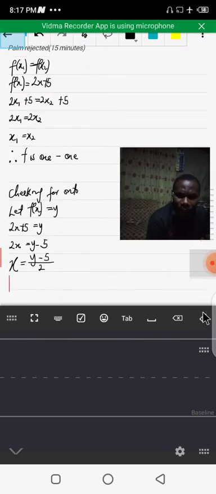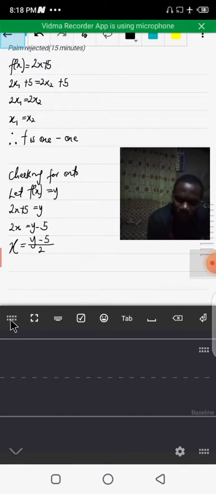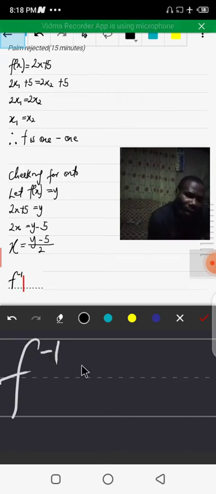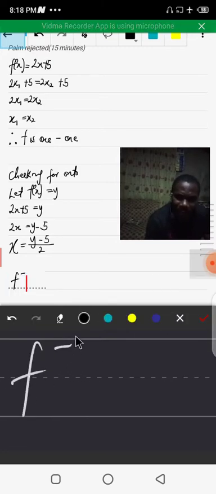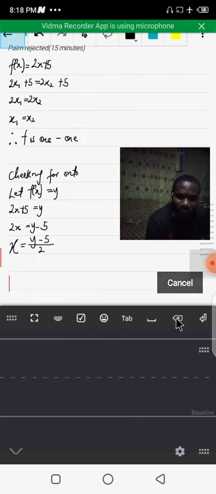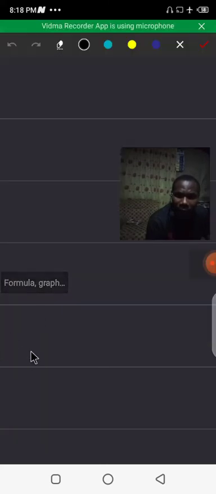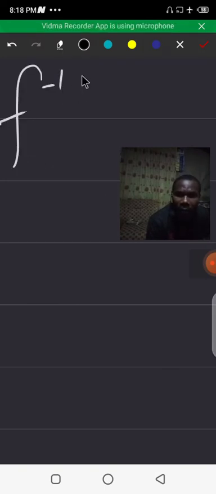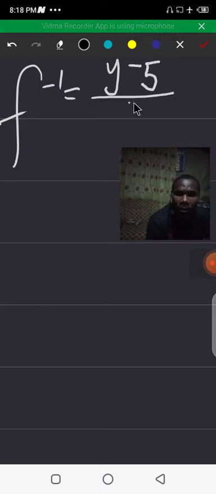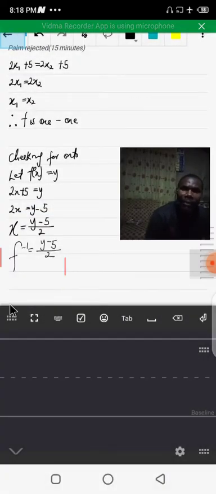So since the value of x is this, you now rewrite to say that the inverse of f, as we are still looking for the inverse, is y minus 5 over 2. That is the value of the inverse.